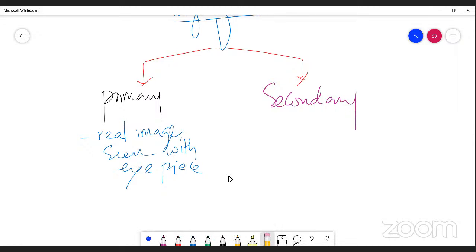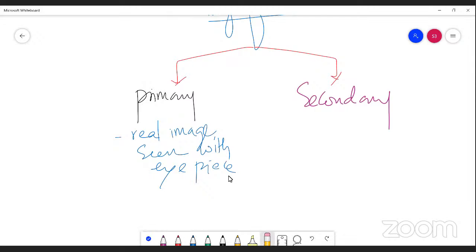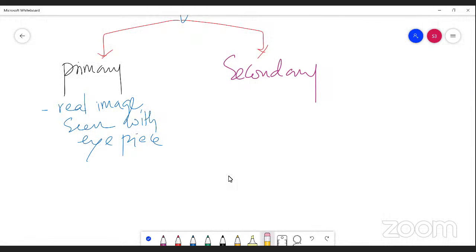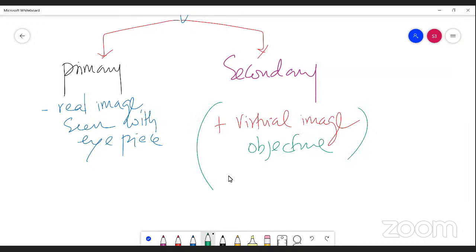Whereas secondary magnification is nothing but the objective, where a virtual image is seen near the objective lens. That is called secondary magnification.